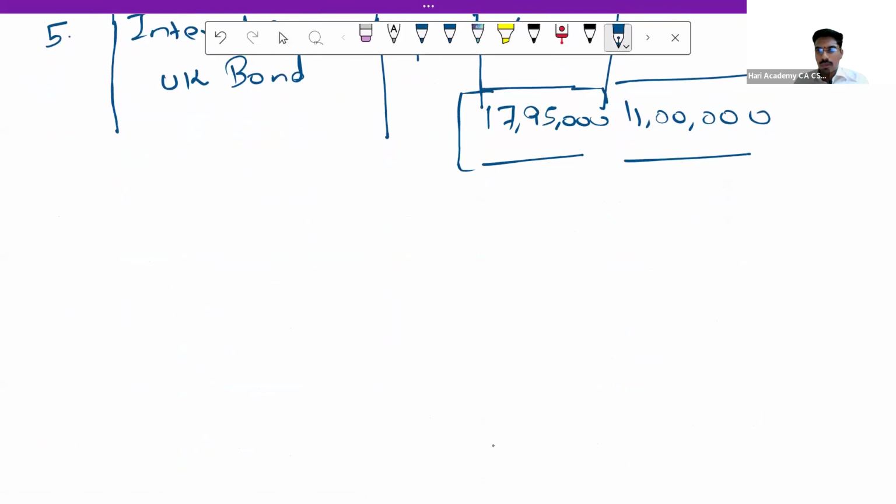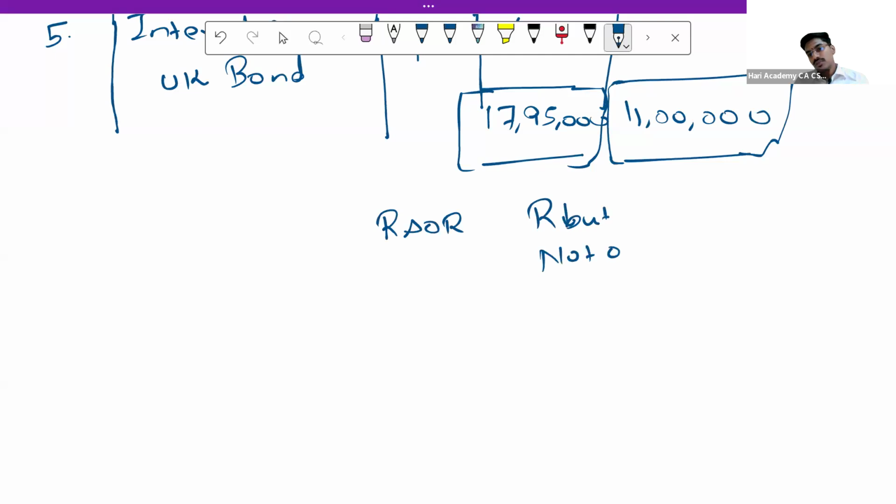Okay. For resident and ordinary resident, resident but not ordinary resident. Just to refresh the memory, there will be 3 types of residential status: resident and ordinary resident, resident but not ordinary resident, and non-resident.